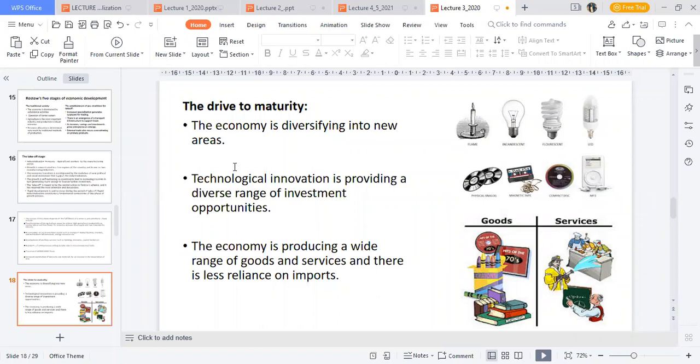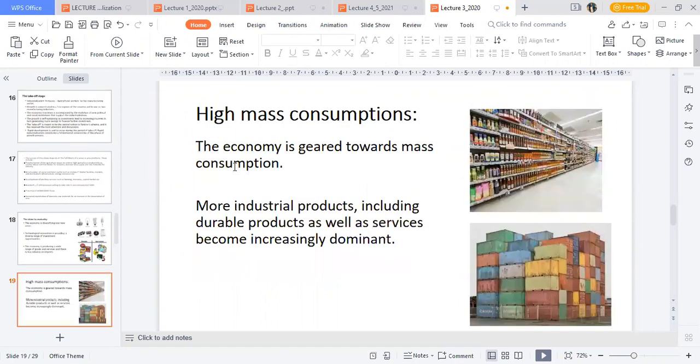Technological innovations will come that will provide jobs and diverse opportunities for people. You'll be able to produce your own things, so you don't have to rely on foreign aid or importation. There will be high mass consumption of what you produce, and more industrial products. Industrial products are things like biscuits, processed drinks, all the consumer goods that we use.